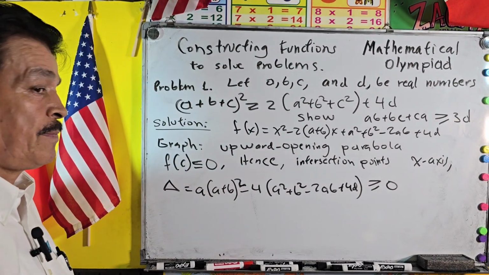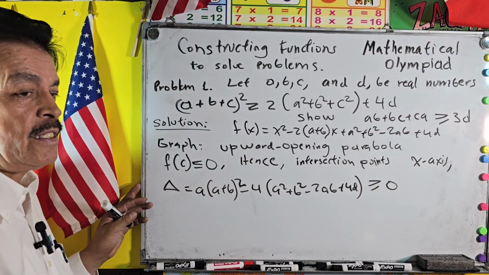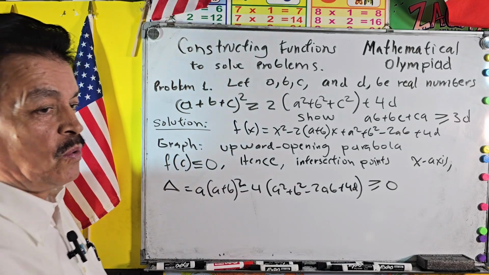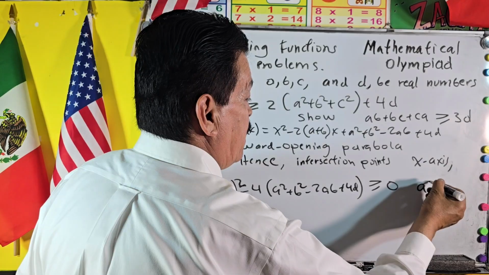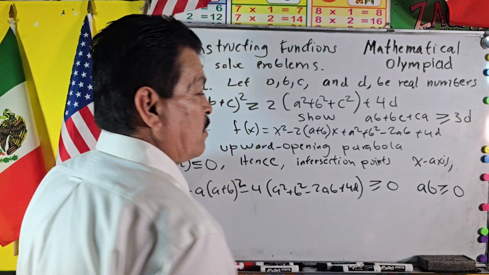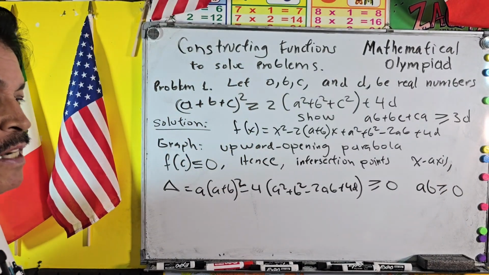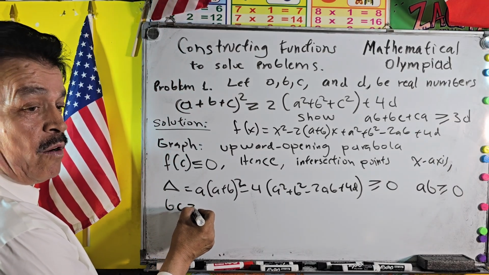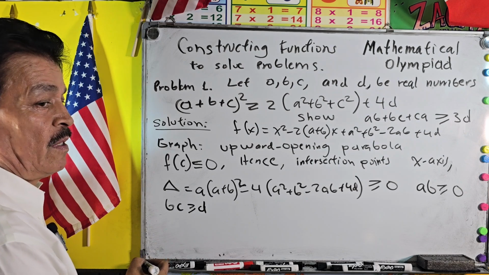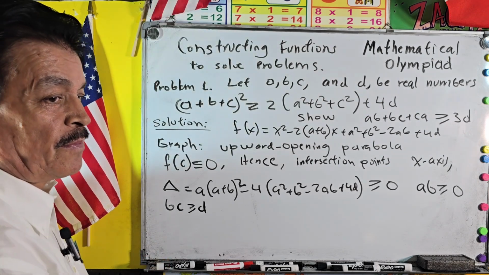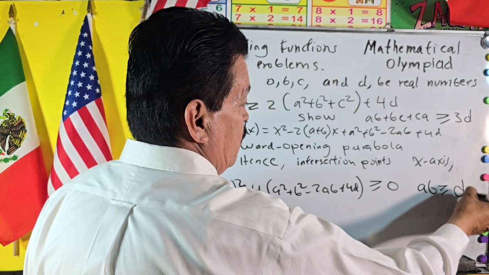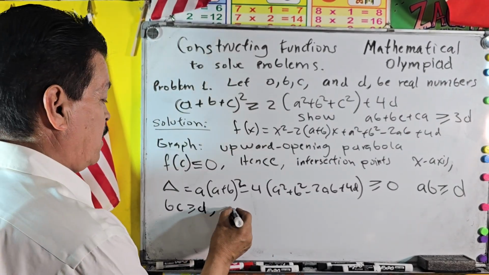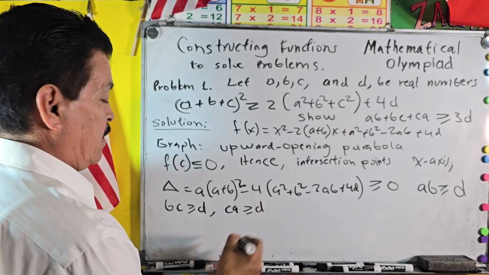All right, we are here now. This is equivalent to ab greater or equal than d. Similarly, we can prove bc greater or equal than d, and also ca greater or equal than d.